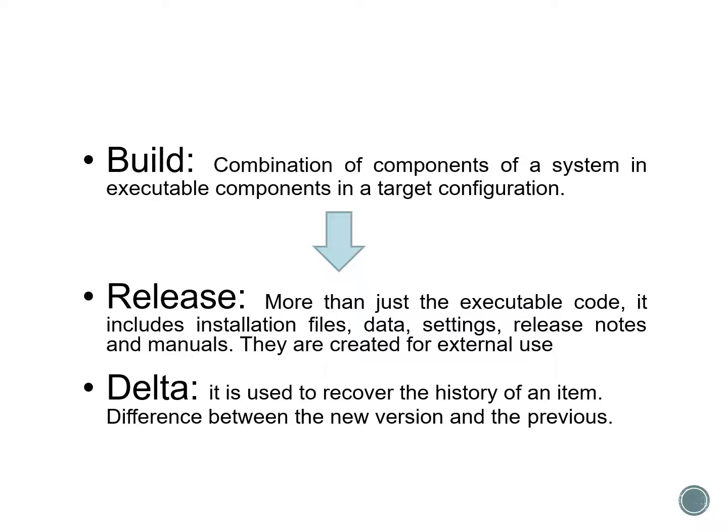The release of the product is then the build wrapped around with not just the executable code and the necessary assets to run the software, but it also includes installation files, the data, the settings, the release notes, and manuals, and these sorts of things. So it's not only the thing we built, it's also the package which is required by the customer so that they can actually use the product.